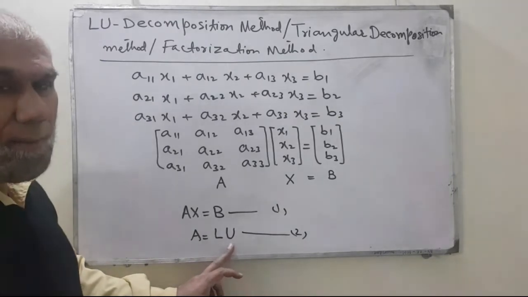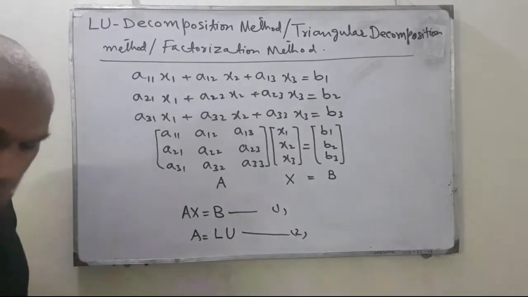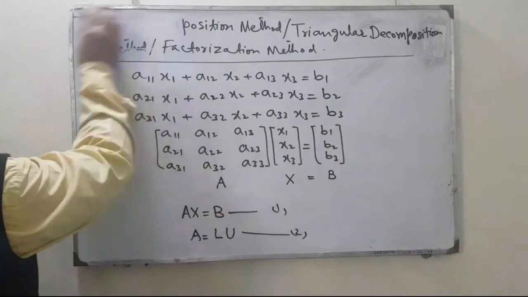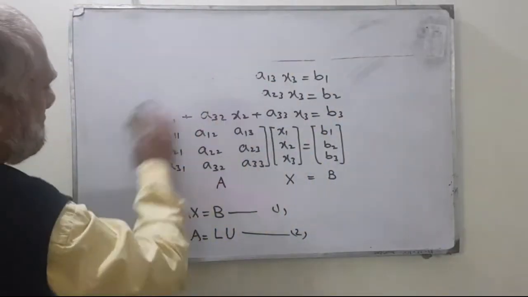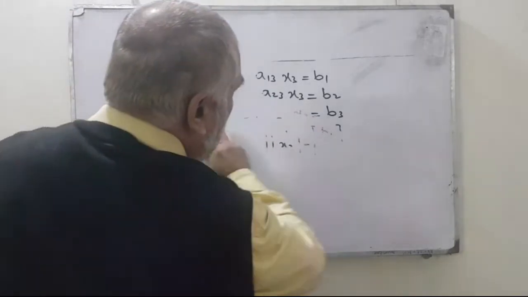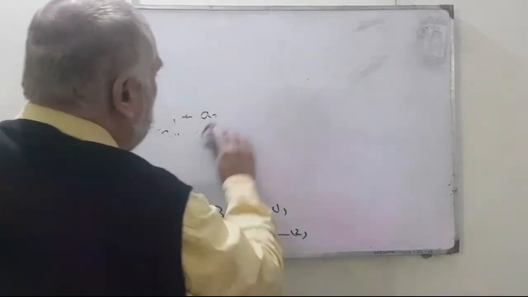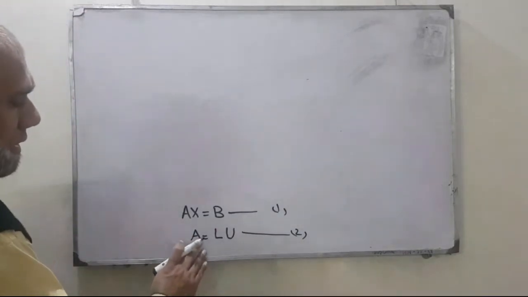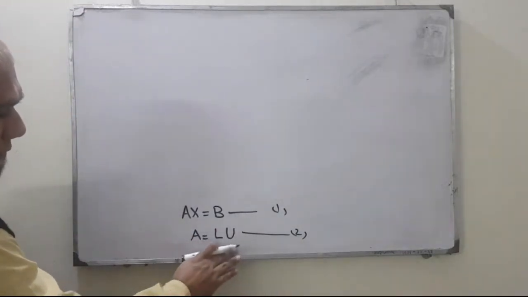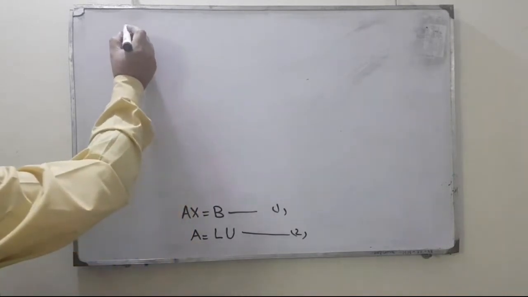U is a simple upper triangular matrix. So let's write down here: we have decomposed A into the form of L and U.